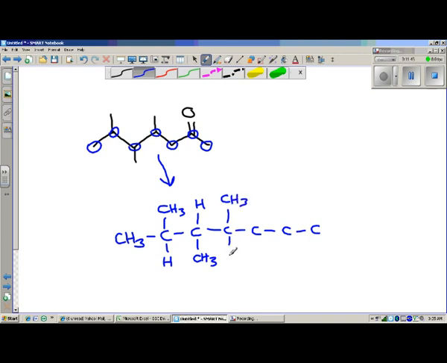Maybe I should have made my substituents different. Oh well. And then coming off this carbon, what do I have coming off this carbon? Do I have any methyl groups coming off there? Well, the answer there is no. So I must have 2 hydrogens. That's one of my CH2s. Now coming off here, this is my ketone group. So I have that doubly bonded to oxygen. Notice my carbon still keeps its 4 bonds there.